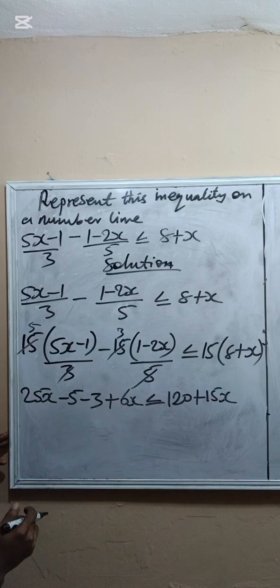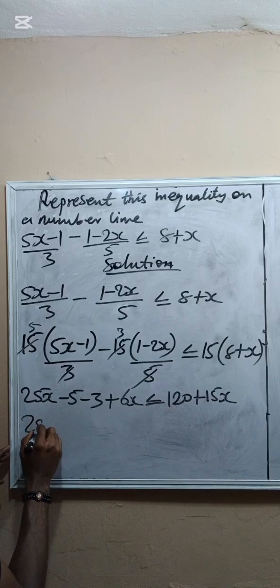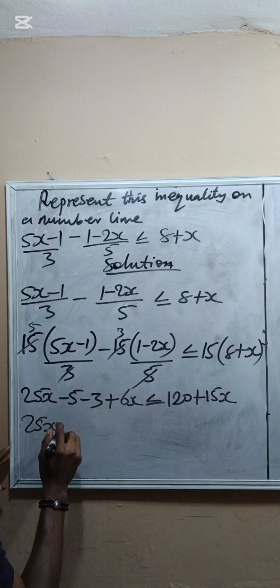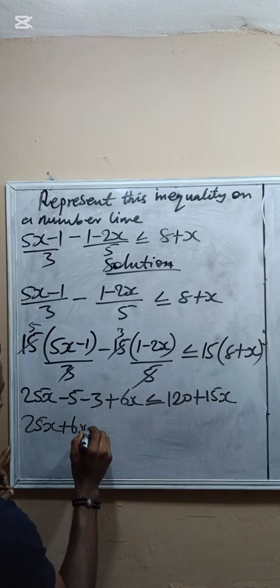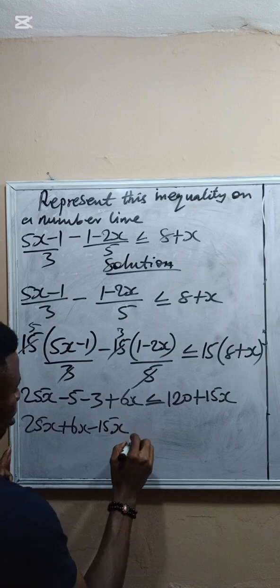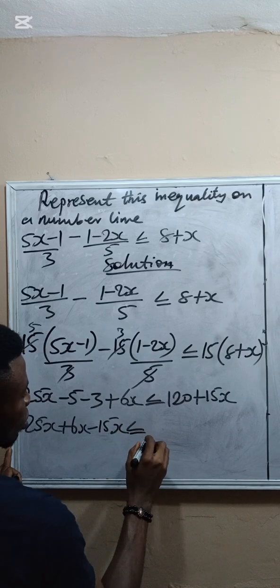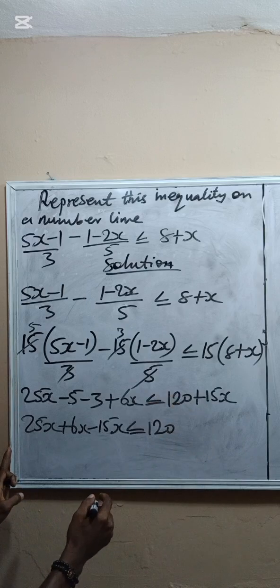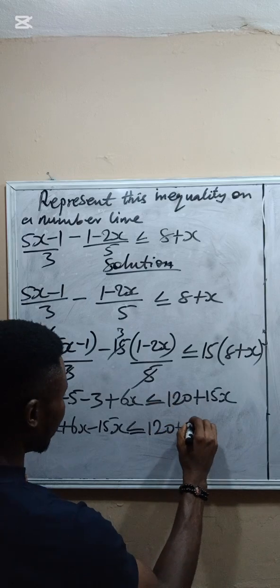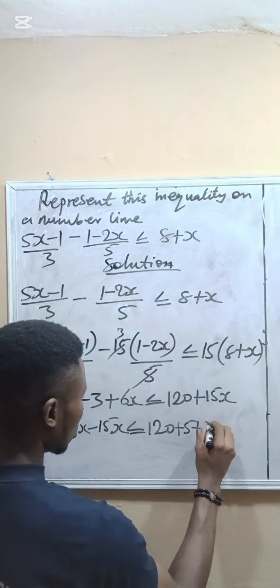Now let's collect like terms. This is 25x plus 6x minus 15x is less than or equal to 120. So I'm crossing to the other side: 120 plus 5, this one also plus 3.